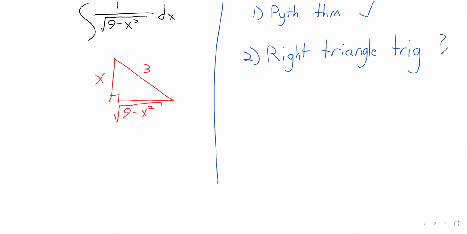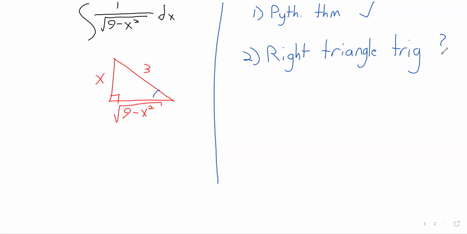What about right triangle trigonometry? You'd say, well, you use right triangle trigonometry when we're working with angles, and the way that picture is drawn, none of the angles are labeled. There's no indication that this is a good idea.